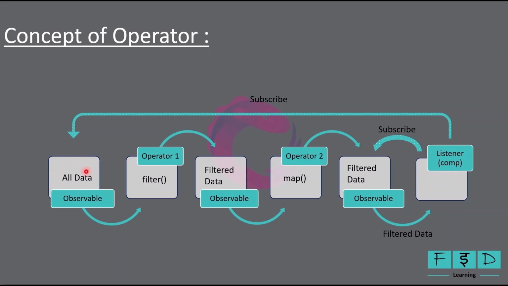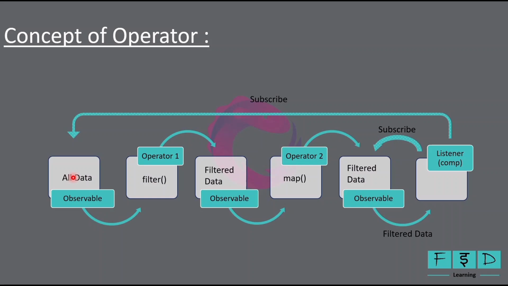In this diagram, here is the data, which is nothing but a database, and this is the component. So this component wants to fetch data from the database. We will go with a simple example.